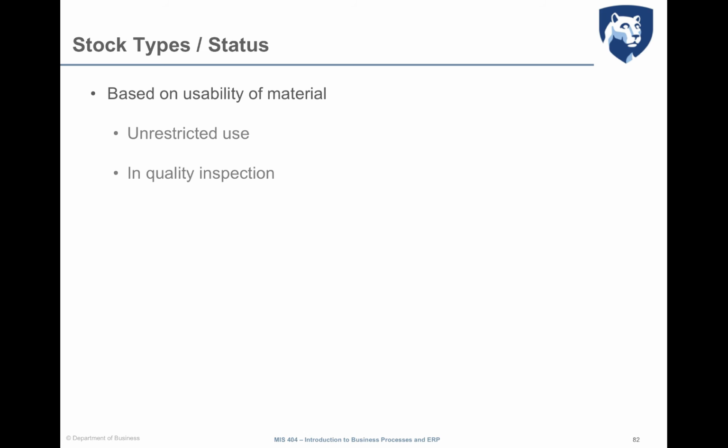When we say blocked status for stock, it means that the material is damaged or unusable for some reason, so it cannot be used for production, or because the vendor has delivered the wrong quality or the wrong variant of material or goods.